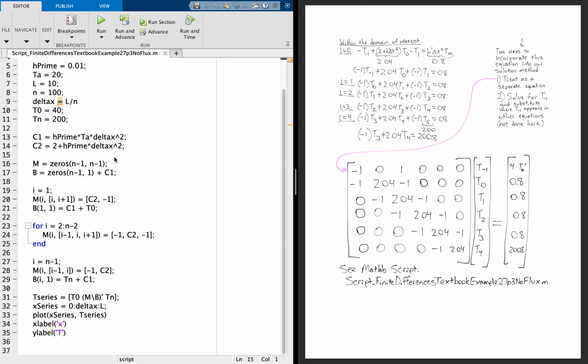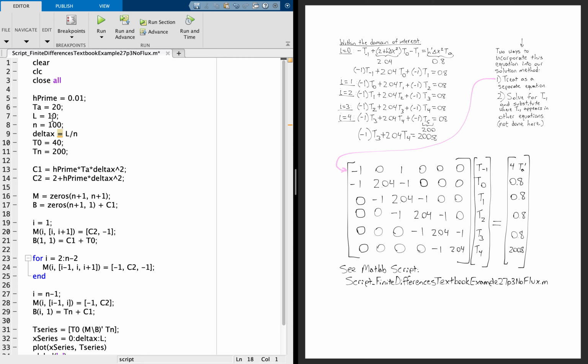So let's modify this. Okay, so the matrix M is going to have dimensions n plus 1 by n plus 1. The matrix B is going to be n plus 1 by 1. In most cases, it's going to be 0.8. That's what C1 is. Let me change the step size.